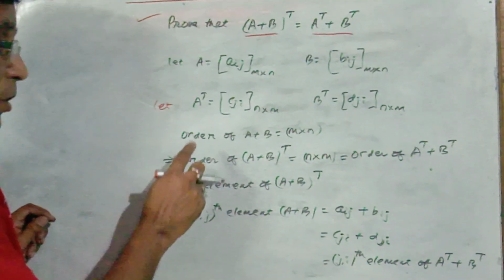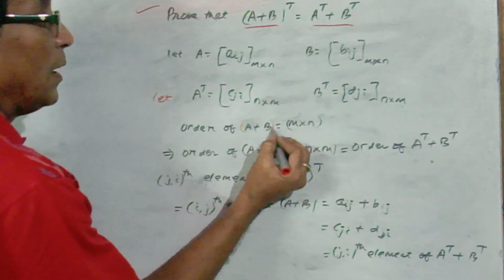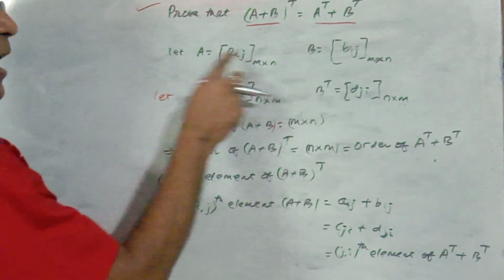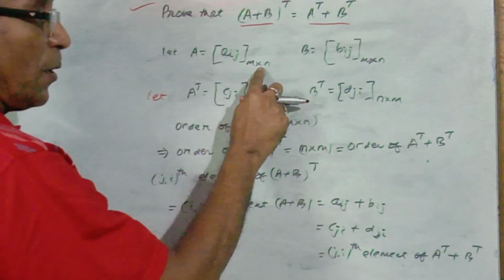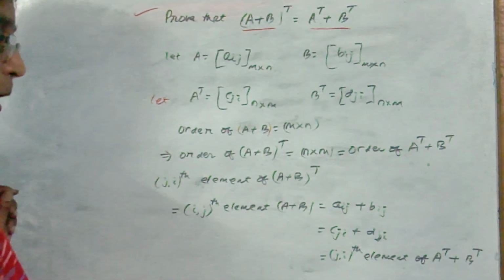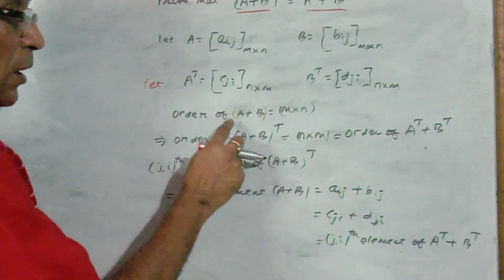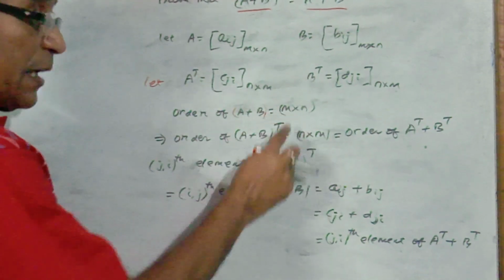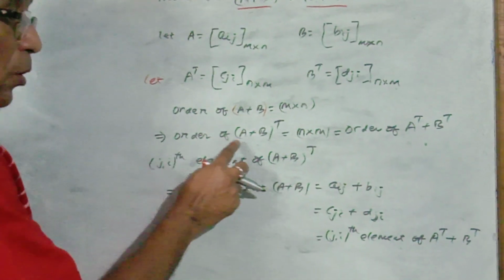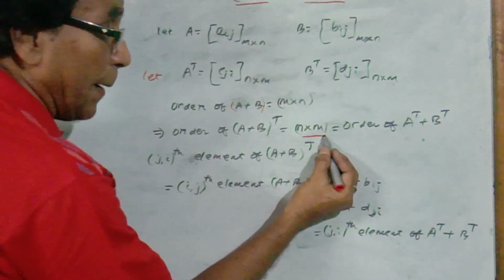Then consider the order of A plus B. A and B both are matrices of order m cross n. So the order of A plus B is m cross n. What will be the order of A plus B whole transpose? It will be reversed. So since the order of A plus B is m cross n, that implies the order of A plus B transpose must be equal to n cross m.